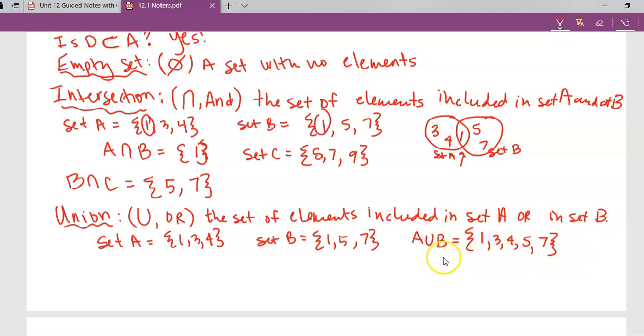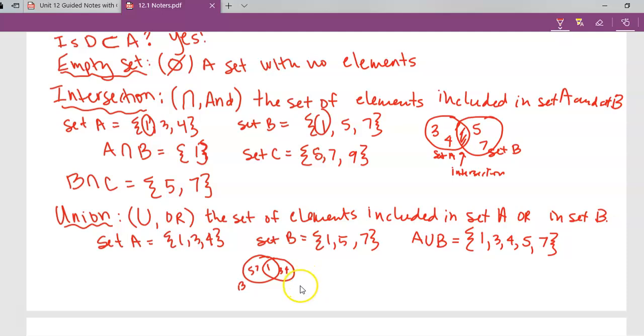Okay, so if I'm looking at this one, the intersection is just this part where they overlap. Okay, if I'm doing a union, I've got set A, 1, 3, 4, and I've got set B, 1, 5, 7.